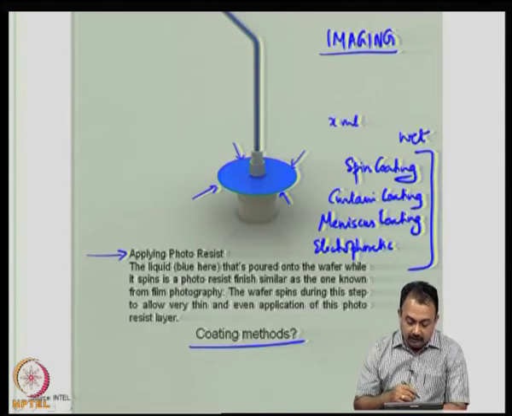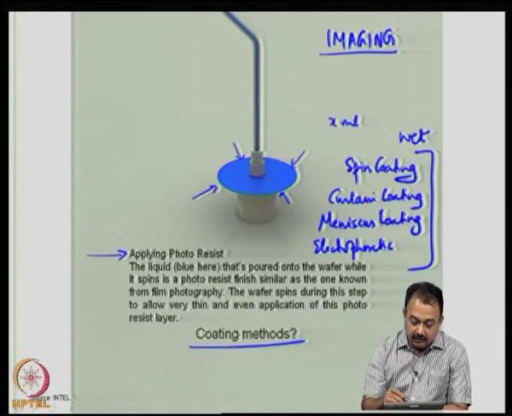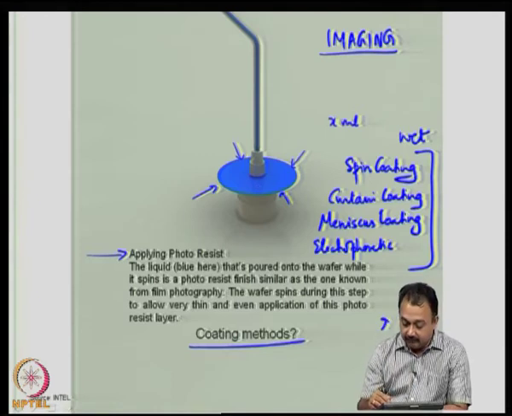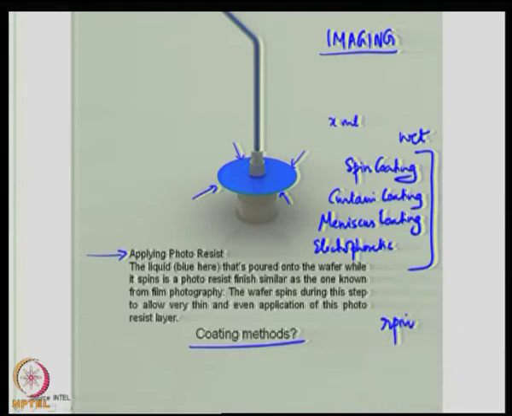Now, typically, as I said here, when a material is poured onto the wafer and it is spun around at a specific RPM, it depends on the viscosity of the material that you are using. Accordingly, you will get a very thin and uniform application of the photoresist material on the surface. Now, the post process of this could be what is known as a tacky cure process.